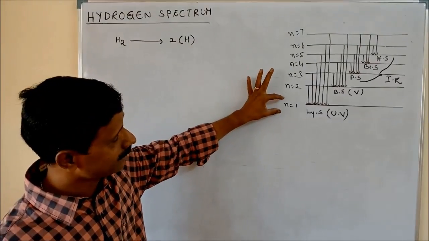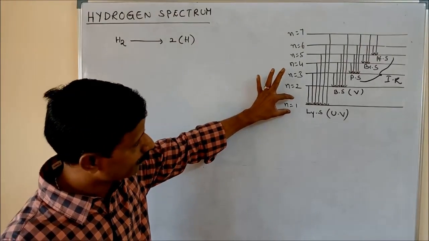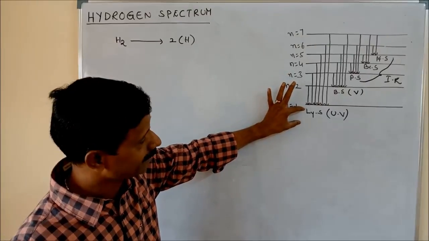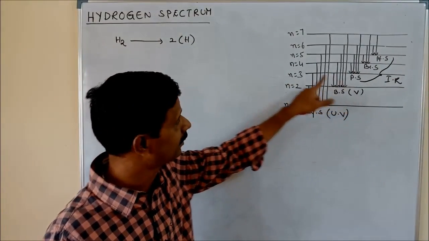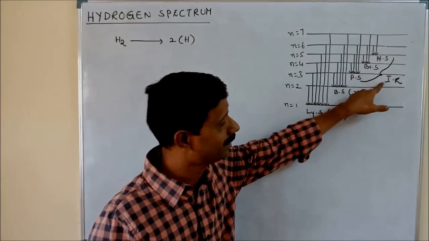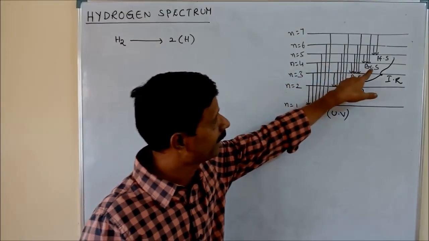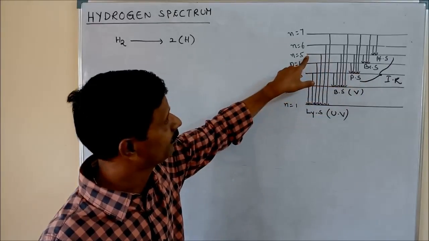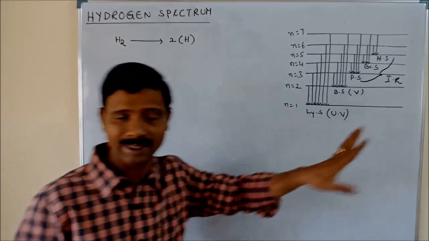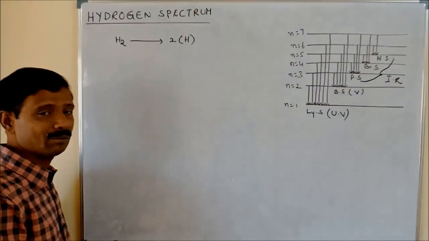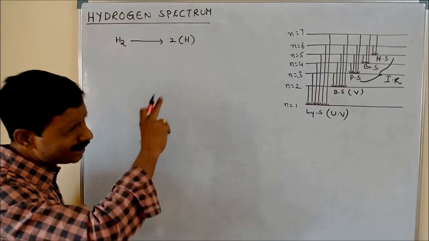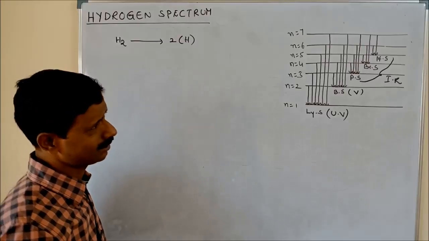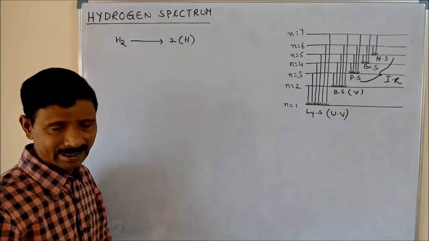So if the electron is de-exciting into n equal to 1, the first level, it is the Lyman series in ultraviolet; second level, Balmer series, visible; third level, Paschen series, infrared; fourth level, Brackett series, infrared; fifth level, Pfund series, infrared. So like that you have to remember the series and the region. That is the fundamental explanation as per the diagram.